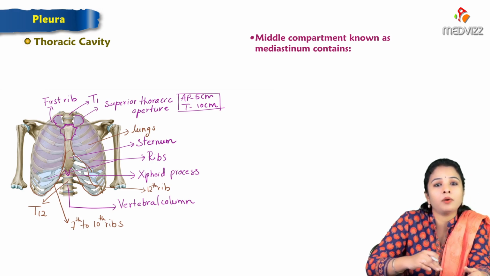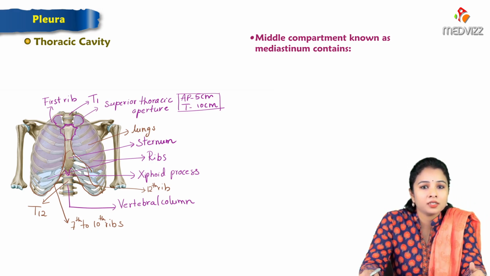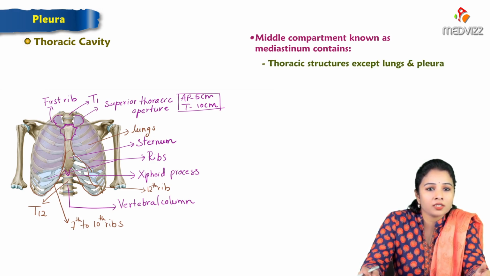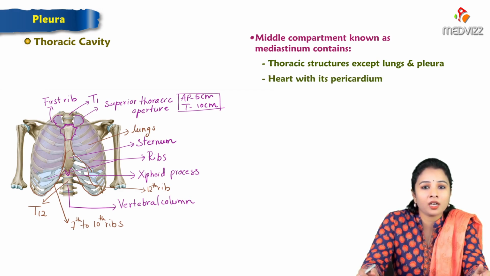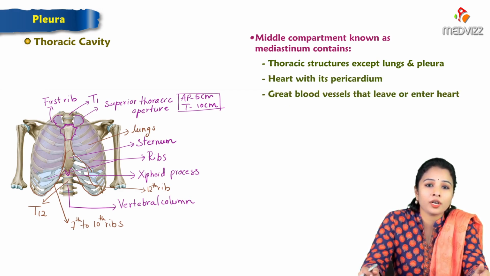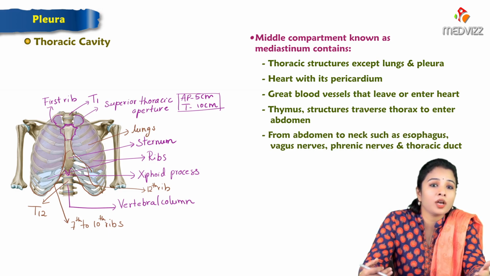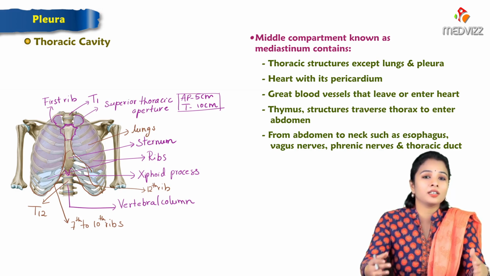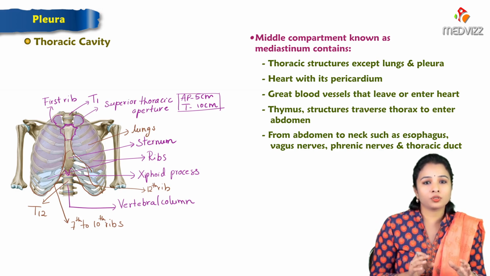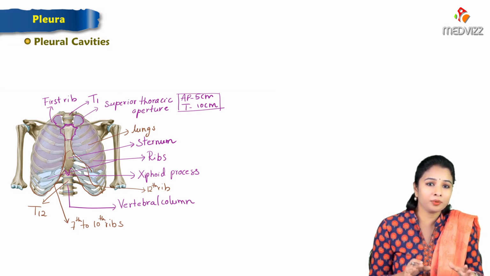This middle part is called the mediastinum, and it contains all the thoracic structures except the lungs and pleura, such as the heart with its pericardium, great vessels that leave or enter the heart, thymus, and structures that traverse the thorax passing from the neck to the abdomen or from the abdomen to the neck, such as the esophagus, vagus nerves, phrenic nerves and thoracic duct. These are the contents of the mediastinum. The present topic is on pleura and pleural cavity.